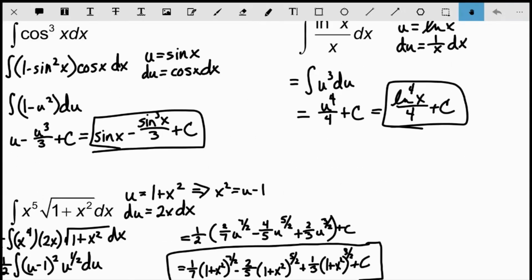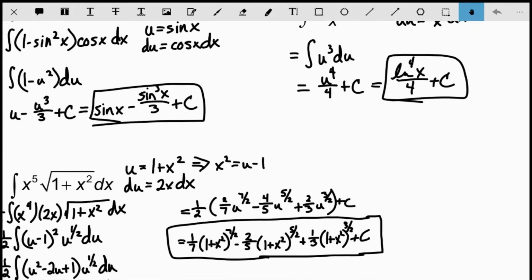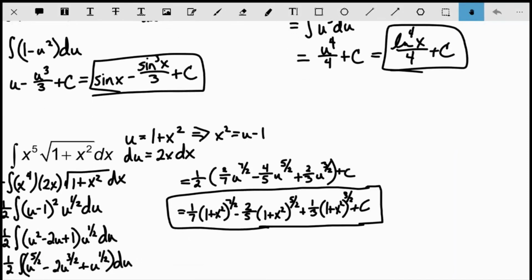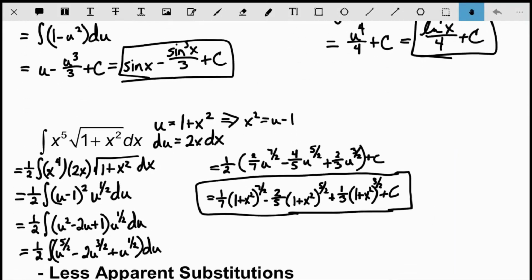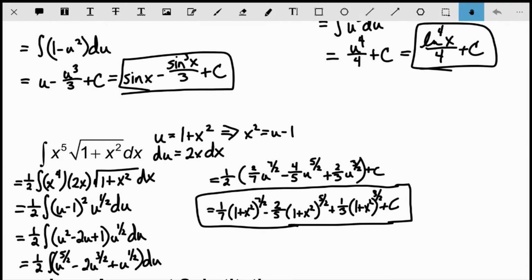All right, and then the last one here, I put this one in here to make you think a little bit. You probably got stuck on this one, but if you did, that's totally fine. On this one, I made my u 1 plus x squared. You might have thought through this and said, okay, if I made u 1 plus x squared and my du is 2x dx, I've got an extra x to the 4th here. I can't work with this.